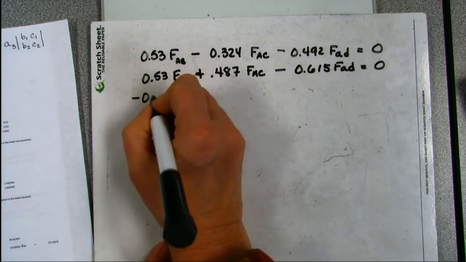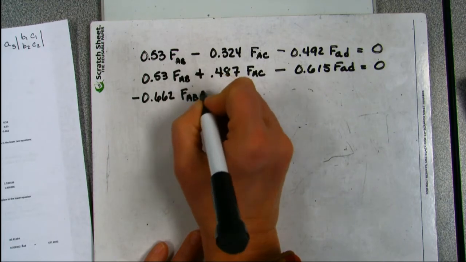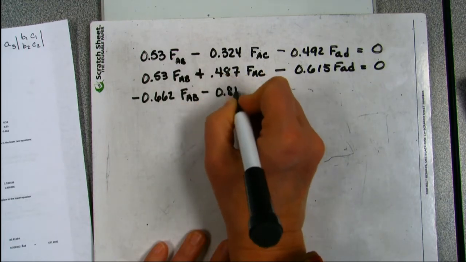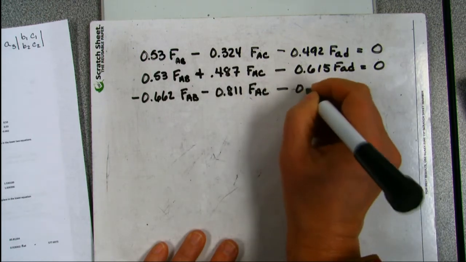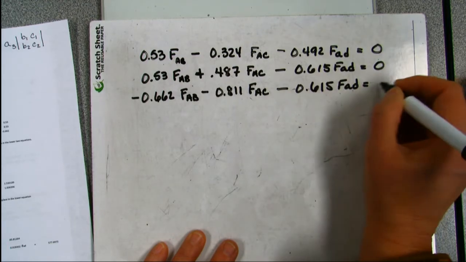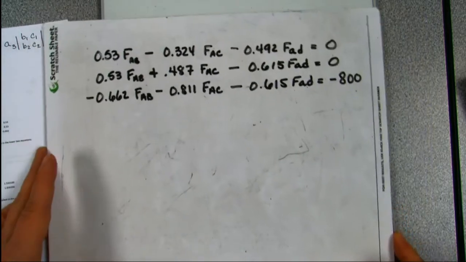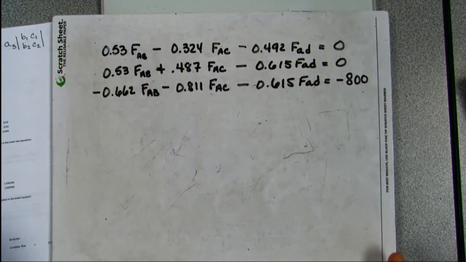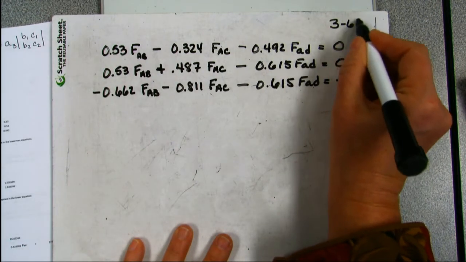And I get minus 0.662 FAB minus 0.811 FAC minus 0.615 FAD is equal to negative 800. So those come from my summation of my forces in the x direction, summation of my forces in the y direction, summation of my forces in the z direction, and just as a reminder, this is problem 361.